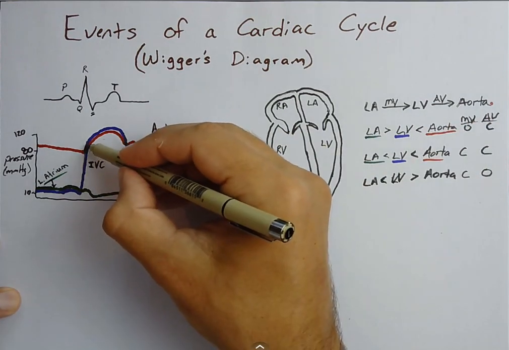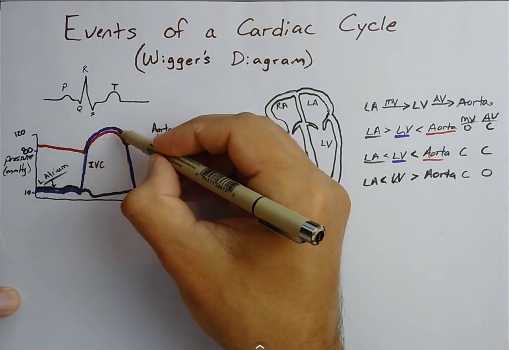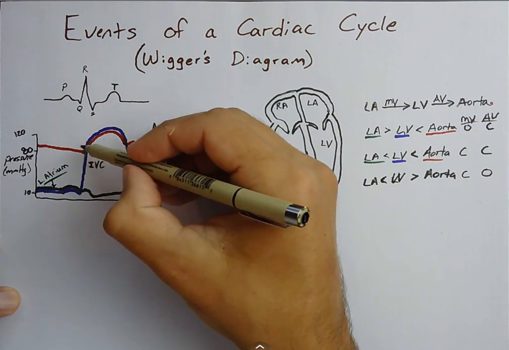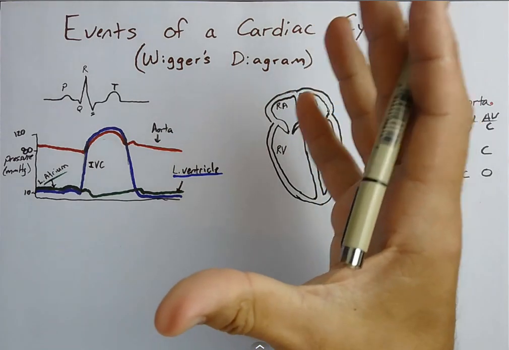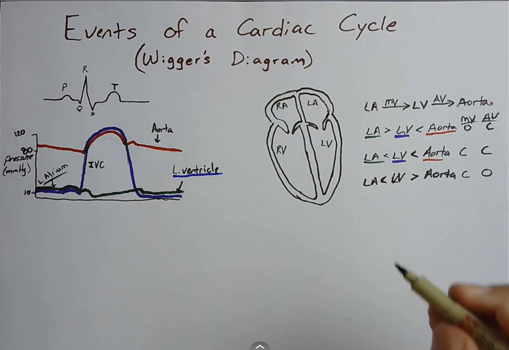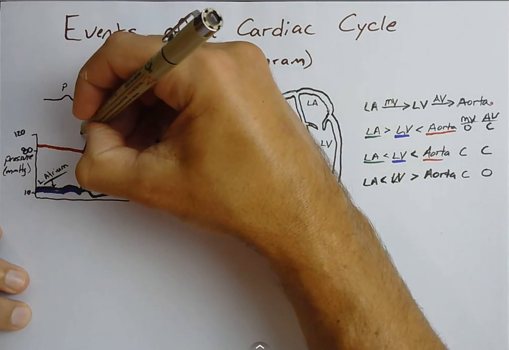Therefore, blood is going to go rushing out of the heart. All of this pressure built up during the IVC, and now this blood gets pressurized out of the heart. This is called ventricular ejection.